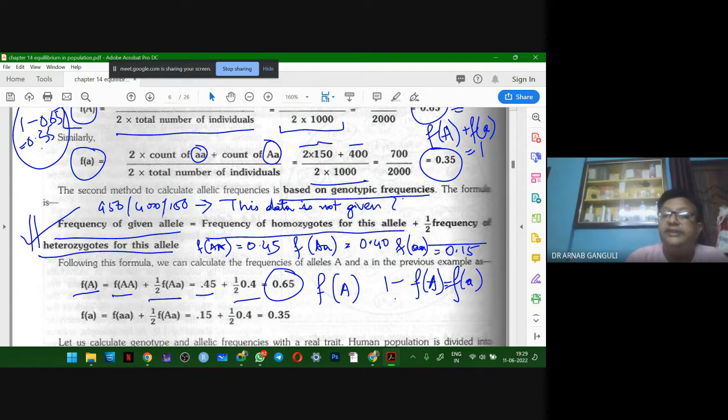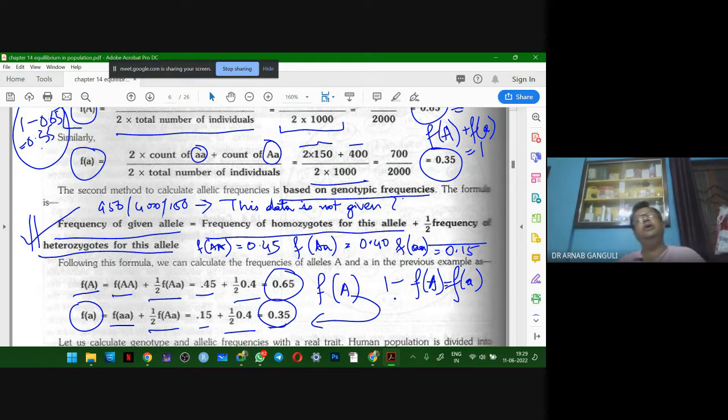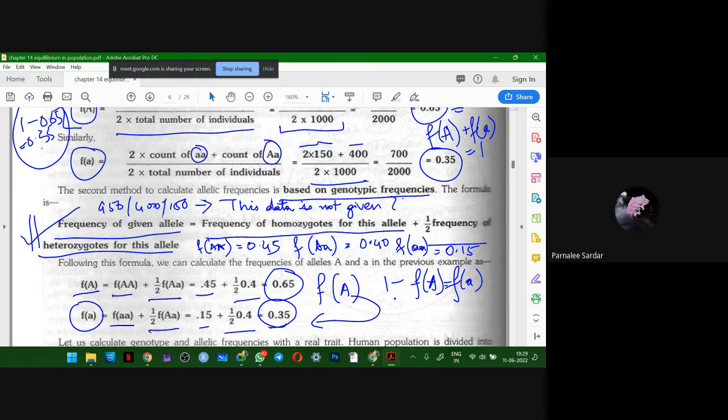Alternatively, you can calculate it by 0.15 plus half into 0.4, that is 0.35. So in the exam, you will be able to calculate genotypic frequency and allelic frequency. Yes, no? Yes, sir.